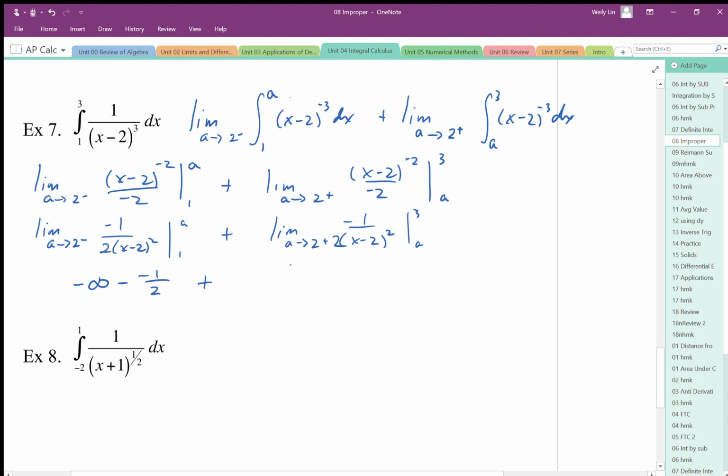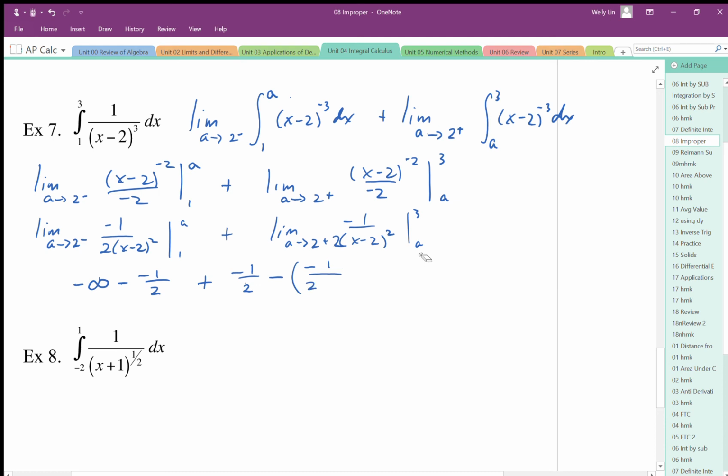I'm going to plug my 3 in, so I'm going to end up with negative 1 over 2 times 1. 3 minus 2 is 1, 1 squared is 1, so I'm going to end up with negative 1/2, minus, negative 1 over 2.